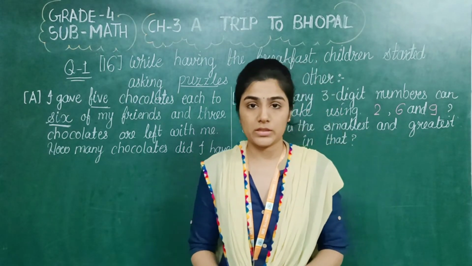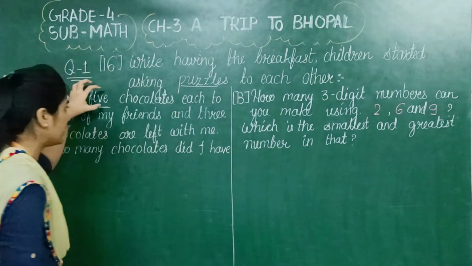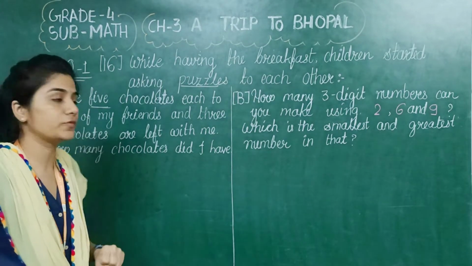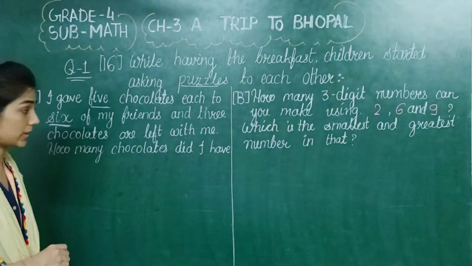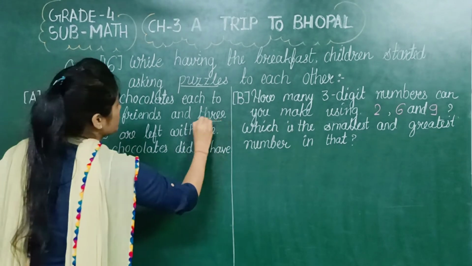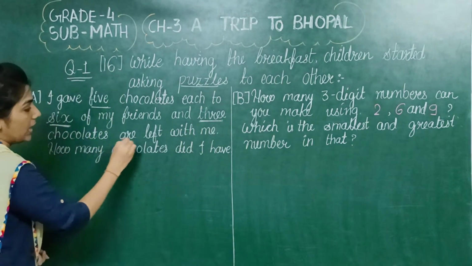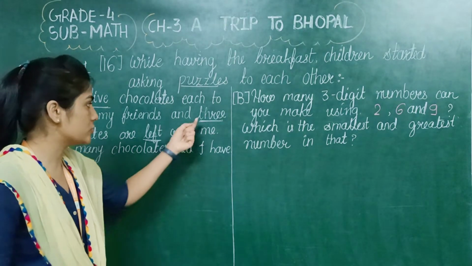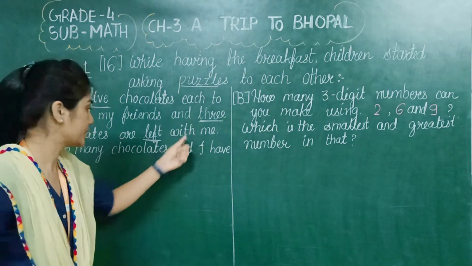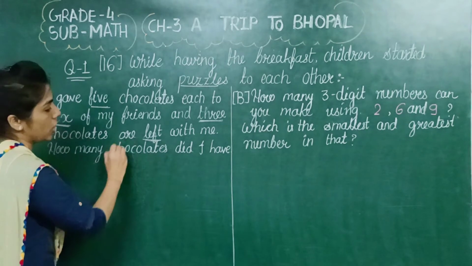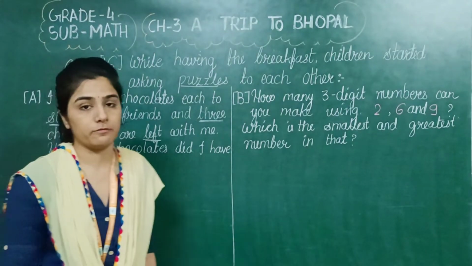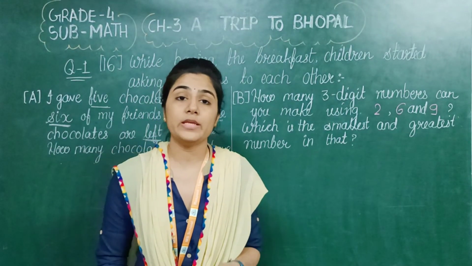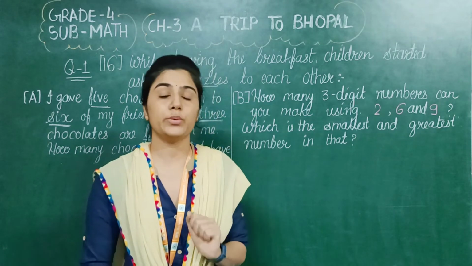Suppose you are giving 5 chocolates each to 6 friends, so 3 chocolates are left with me. That means you can think that 3 chocolates are left with you. So how many chocolates did I have? You need to find the total number of chocolates.